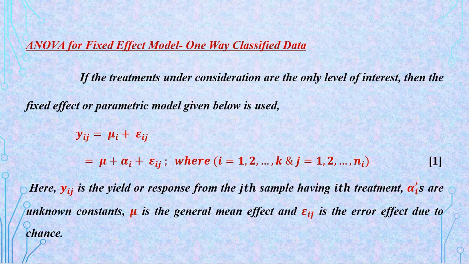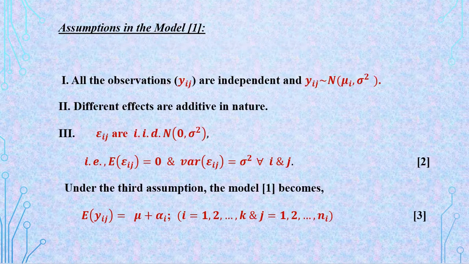Here, Yij is the yield or response from the jth sample having the ith treatment, and alpha i's are the unknown constants, mu is the general mean effect, and epsilon ij is the error effect due to chance.